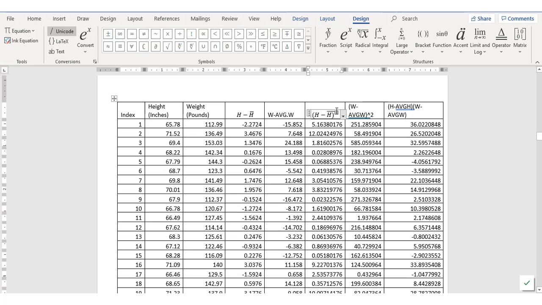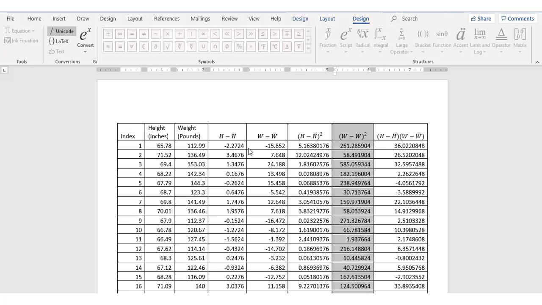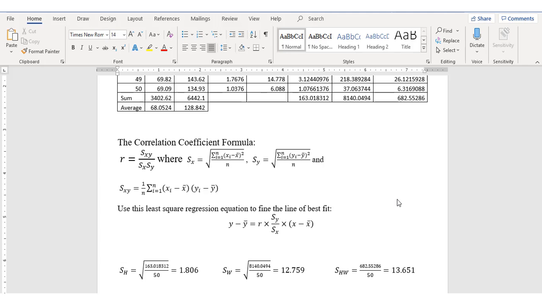Then square. That's how you do it. Use the same way to change W minus W bar here, W minus W bar squared, and H minus H bar times W minus W bar.